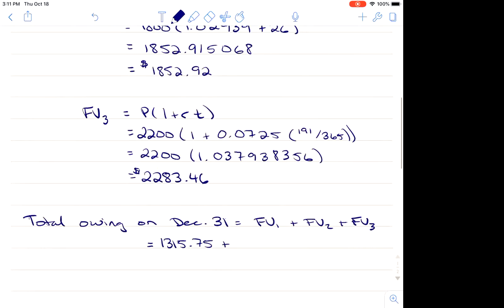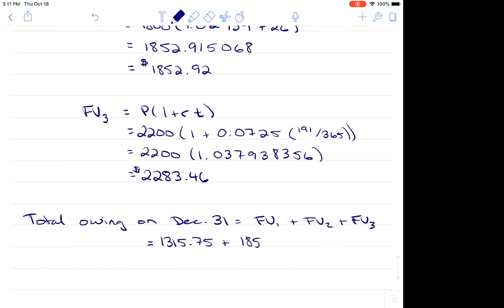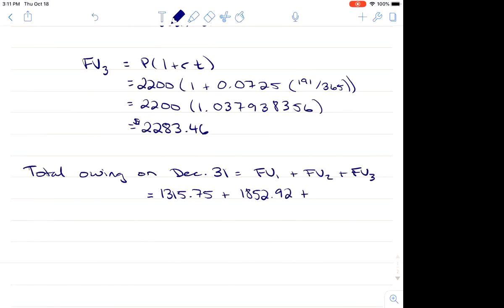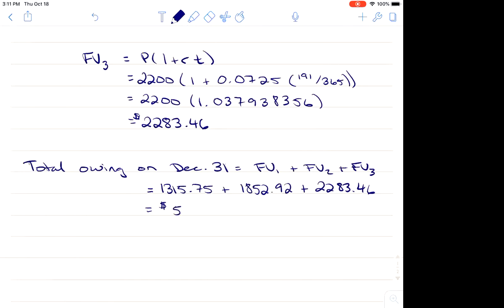Future value 2 was 1852.92. And future value 3 we just found was 2283.46. So the total owing is $5,452.13, right?